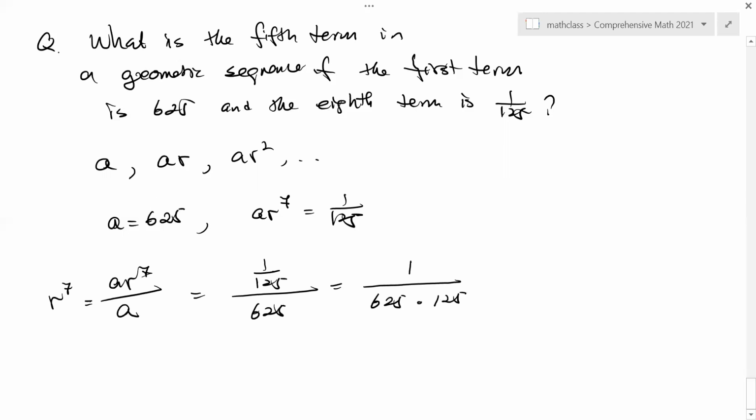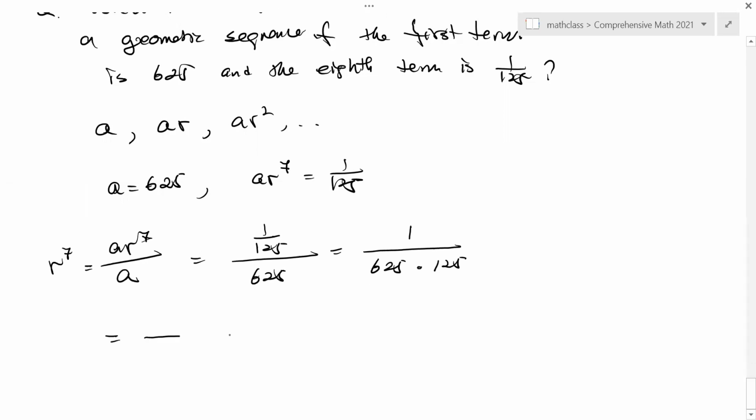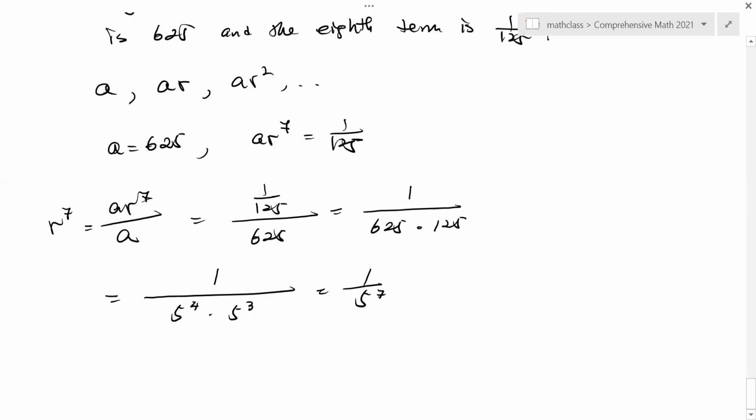We don't multiply them out. Actually, we're trying to express some integer, right? So you will get 5 to the 4th power and 5 cubed. So it's going to be 1/5 to the 7th. That's why r equals 1/5.